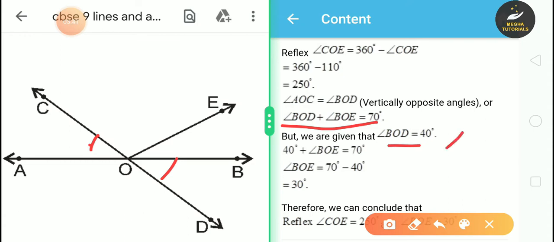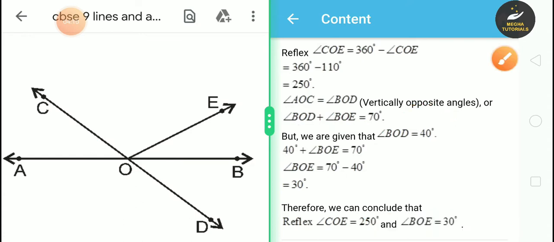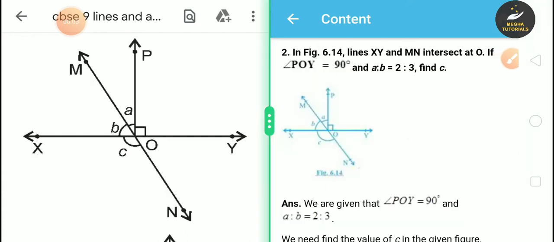Therefore we can put this value in this equation to get 40 degrees plus angle BOE is equal to 70 degrees. Therefore using transposition I can write angle BOE is equal to 70 minus 40 degrees, which is 30 degrees. Therefore reflex angle COE is equal to 250 degrees and angle BOE is equal to 30 degrees, which is the required solution.